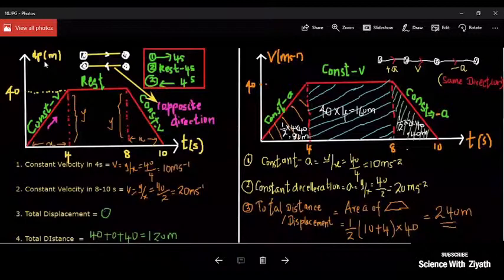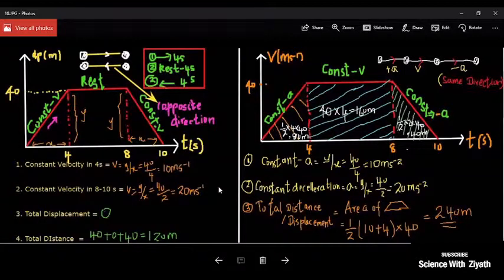This is the displacement time graph. This is the velocity time graph. Same numbers, same times, same questions, but you can't ask the same question. I will send this one. I am not going to explain this now. I will explain it next class. I'm going to do some questions now.